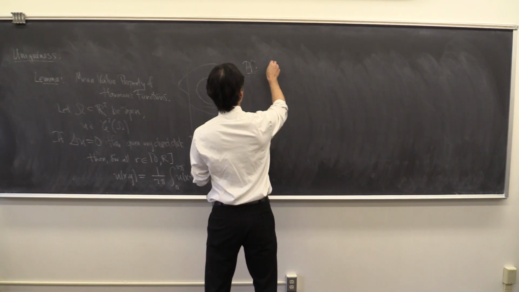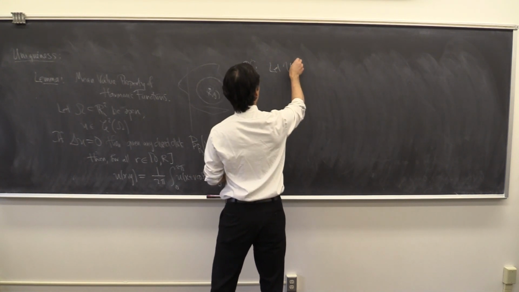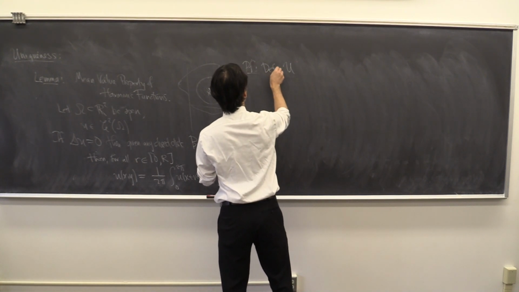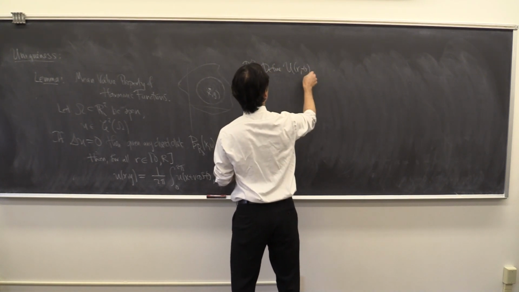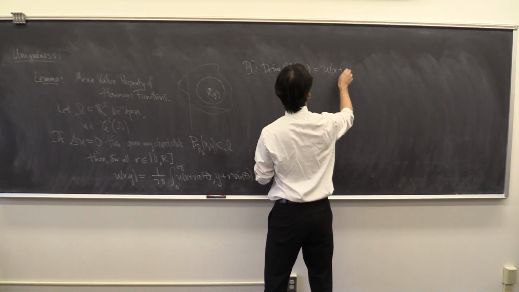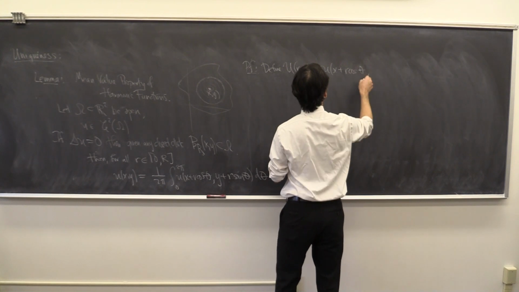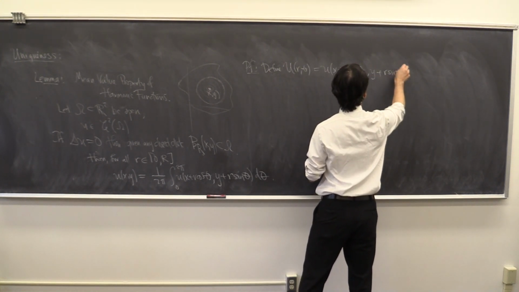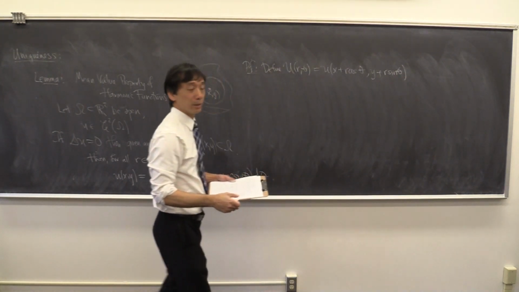He says, well, define capital U of (r, theta) as the value at the point (r, theta) on the circle around that point.